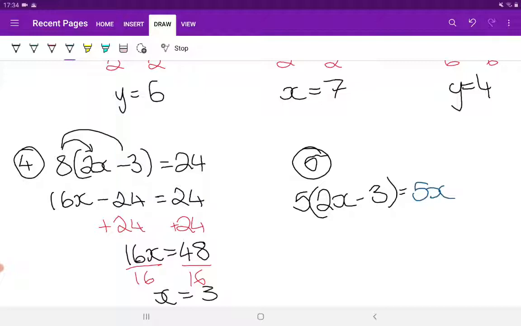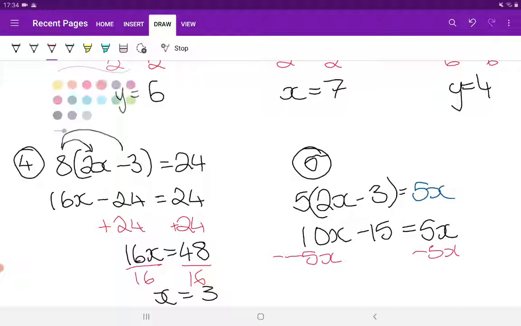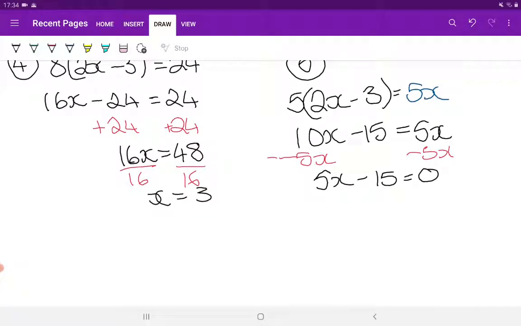There we go. So, multiply out the brackets. We get 10x minus 15 equals 5x. Going to take away the 5x from both sides, which is going to give us 5x minus 15 equals 0. And then go from there like we would normally. You're going to add the 15 to both sides.